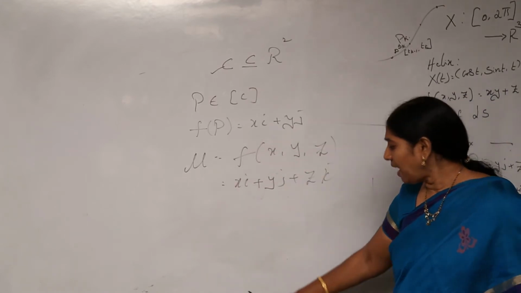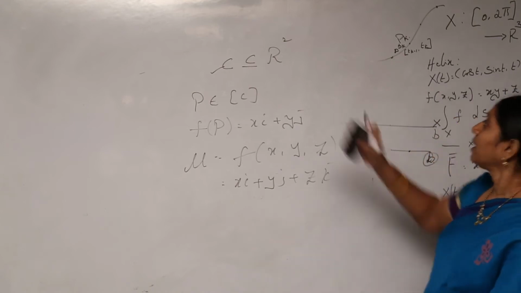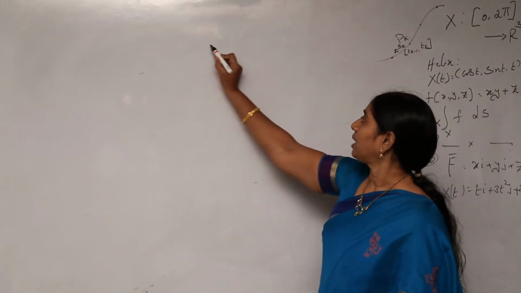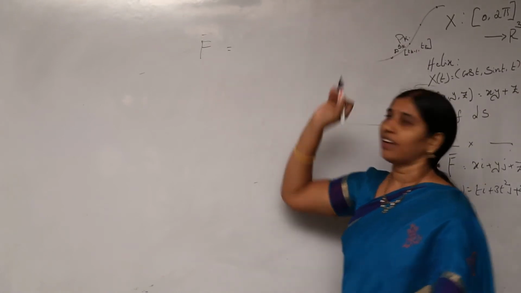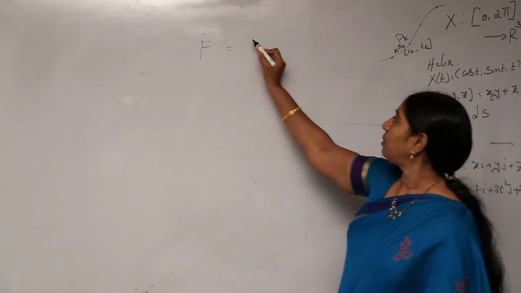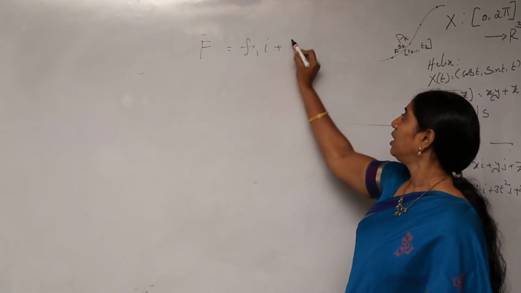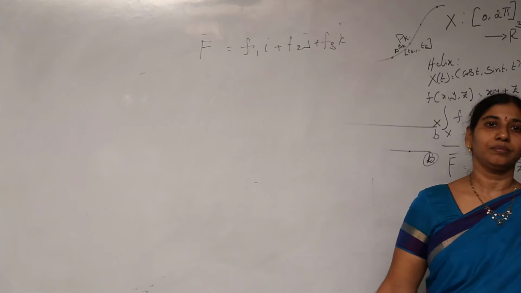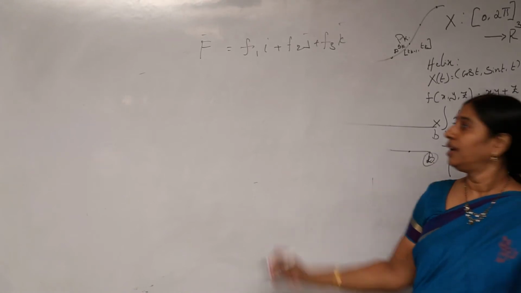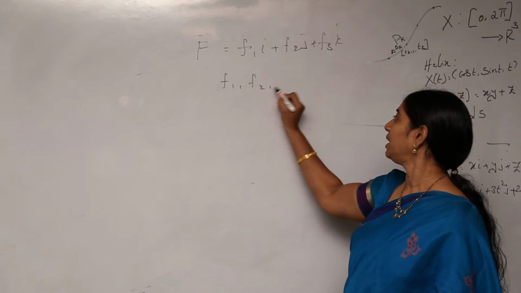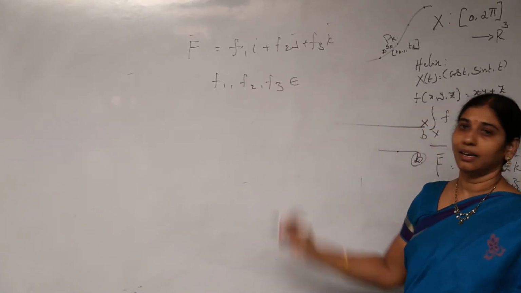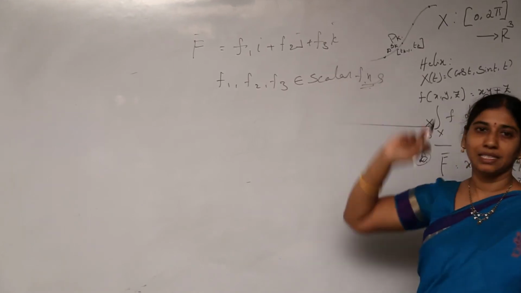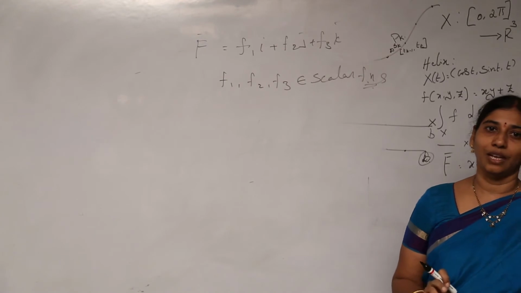A vector valued function in specific can also be defined as, if I take capital F as a vector valued function, F = f1 i + f2 j + f3 k. Then what are f1, f2, f3? These three are scalar valued functions, and we call them the components of the vector valued function.